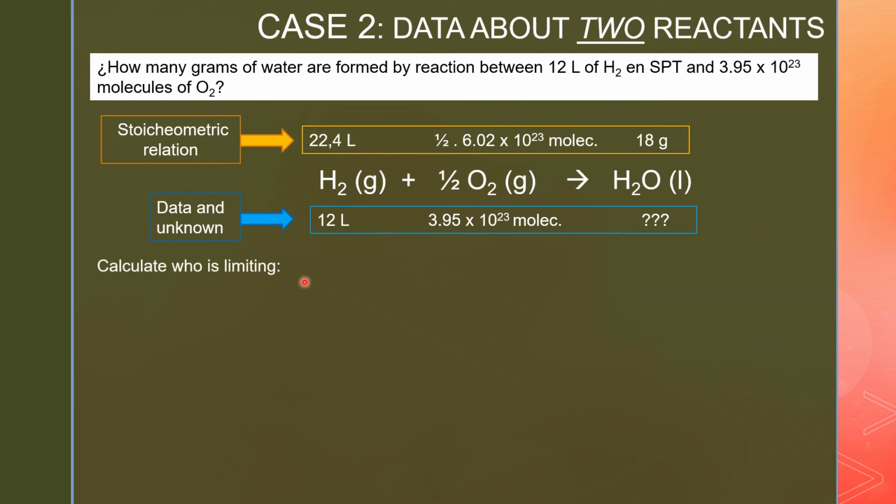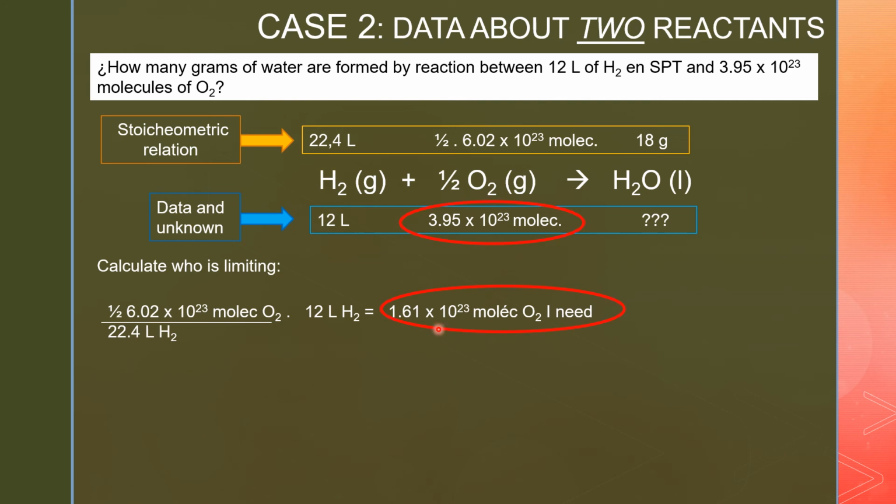Now we calculate who is limiting. I choose, for instance, to calculate how many molecules of oxygen I need for all the hydrogen I was given. Here is the stoichiometric relation between what I want to calculate and the data. In this case, I need this amount of molecules of oxygen.